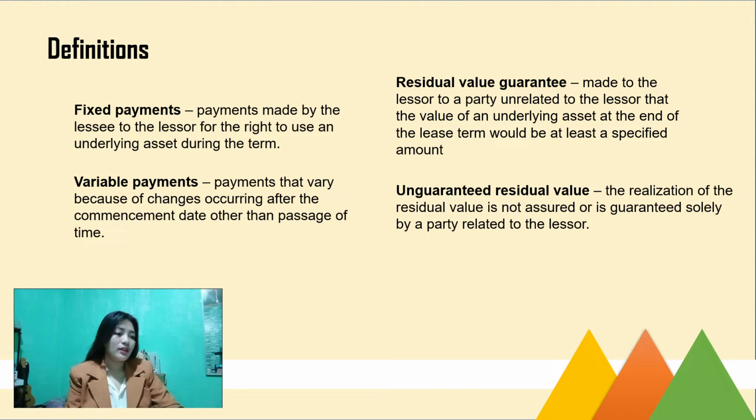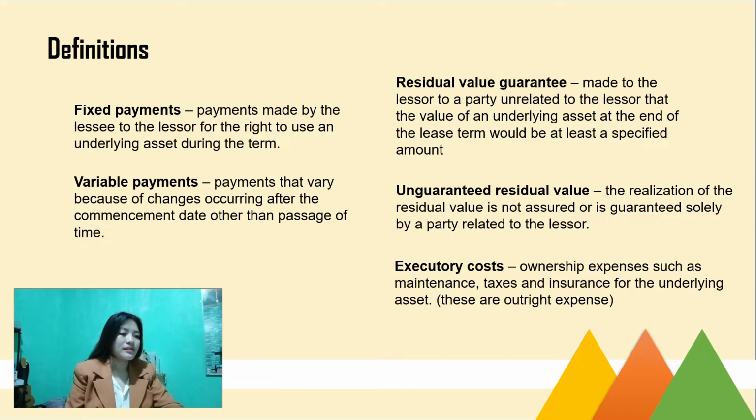Next, we have the unguaranteed residual value. The realization of the residual value is not assured or is guaranteed solely by a party related to the lessor. So, ito namang unguaranteed residual value, ito yung portion ng residual value na hindi guaranteed or hindi siya naka-assured na makukuha o ma-realize at the end of the reporting period.